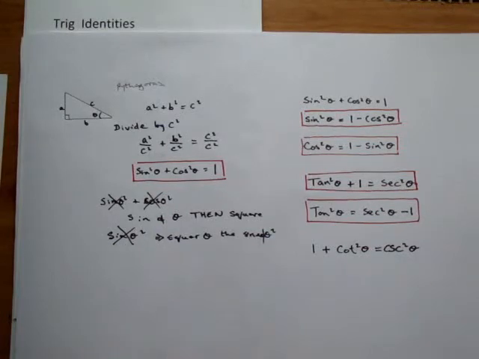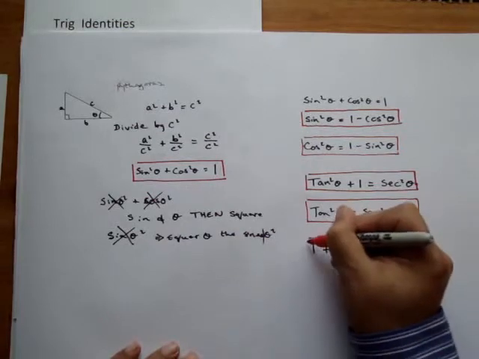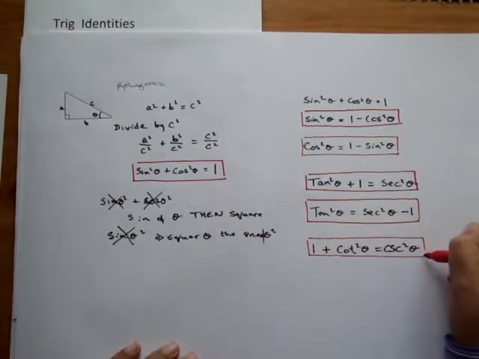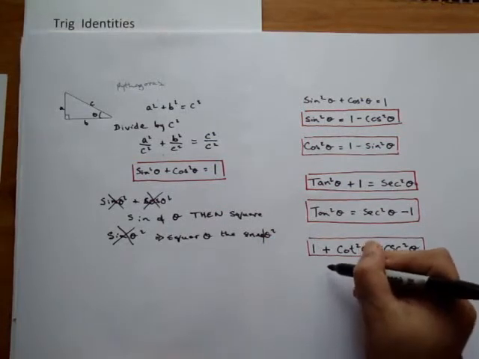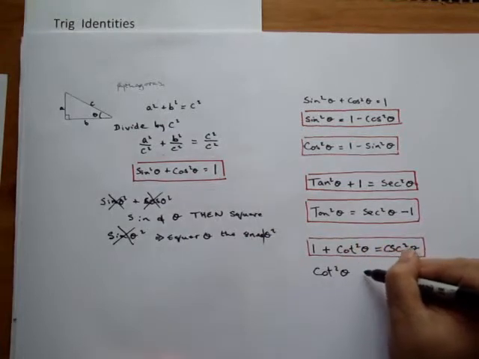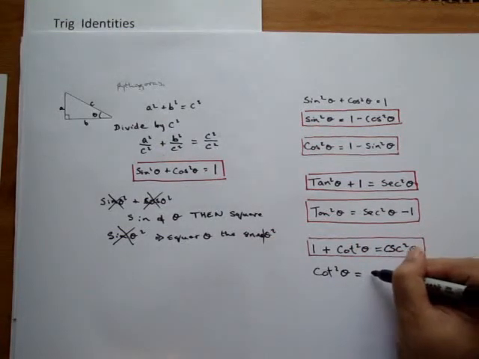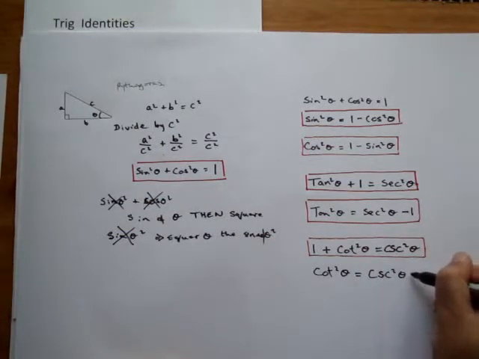So that's another identity. And then lastly, let's rearrange that, keeping the cotangent squared theta on this side. We get cosecant squared theta minus 1.